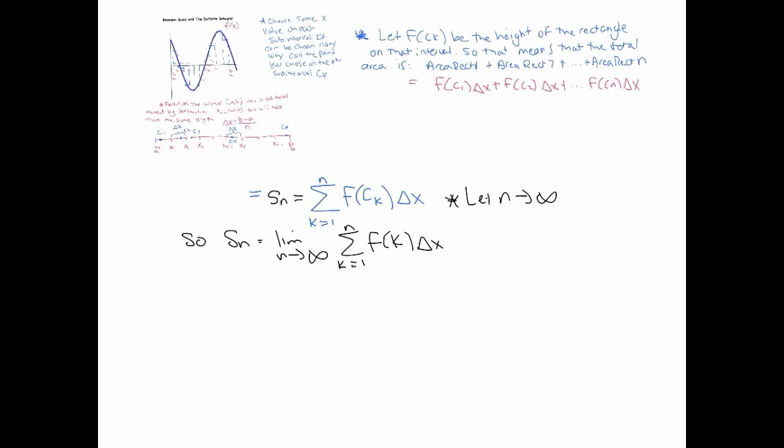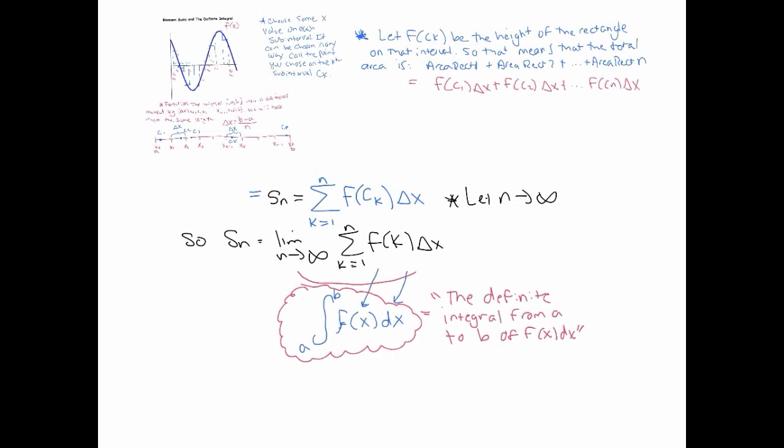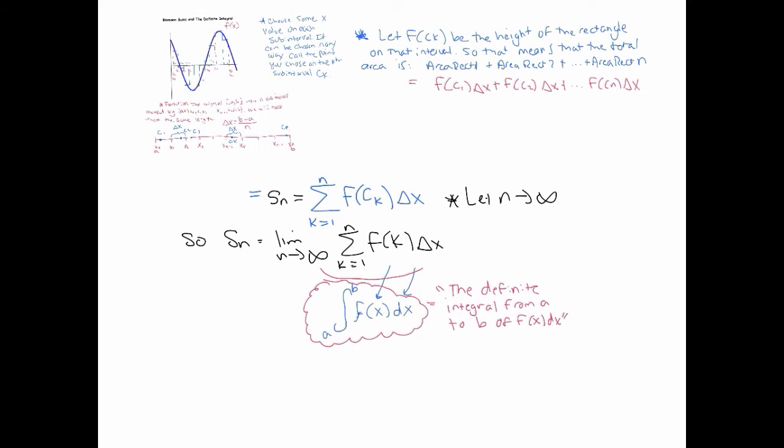And the thing to note is that this gives us the exact area. This gives us the exact area under the curve of a continuous function. Or at least that's what the notation represents.